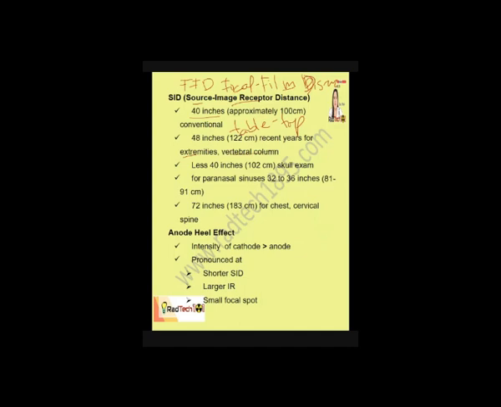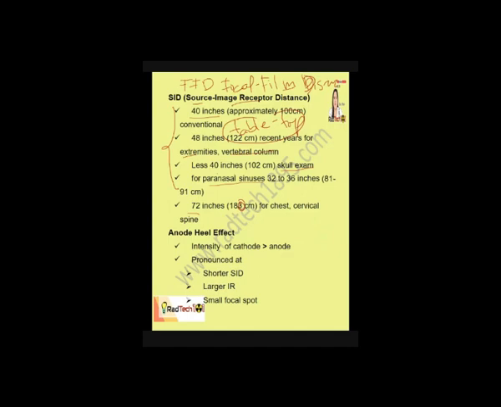This is also for tabletop. Less than 40 kapag skull examinations. And for paranasal sinuses, 32 to 36 inches. So this is for tabletop examinations. Ito usually 72 inches. This is 180, no, not 183.